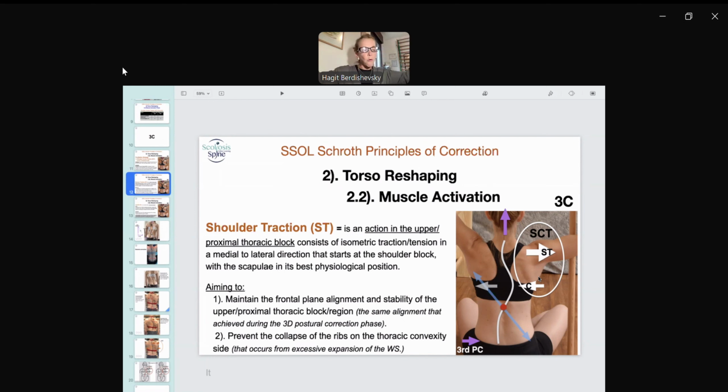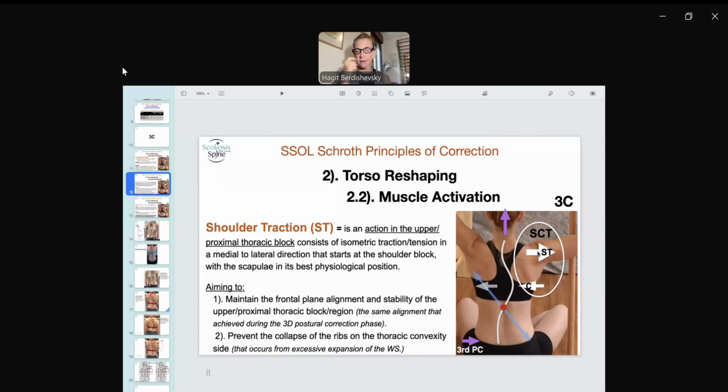Those of you who pay attention will notice that if the arms go behind the line of the shoulders, or sometimes even in the line of the shoulders, then you will see the scapula winging and not giving you the best fluid trunk shape in the back. That is very important. So this is the shoulder traction.